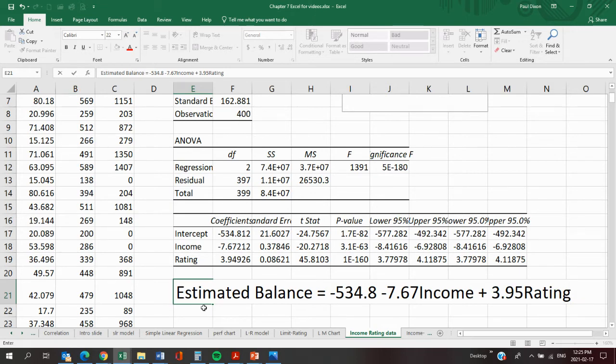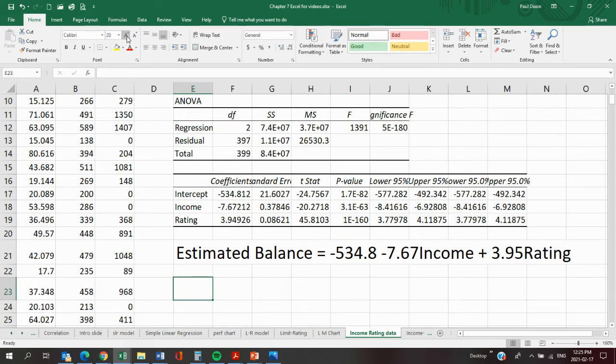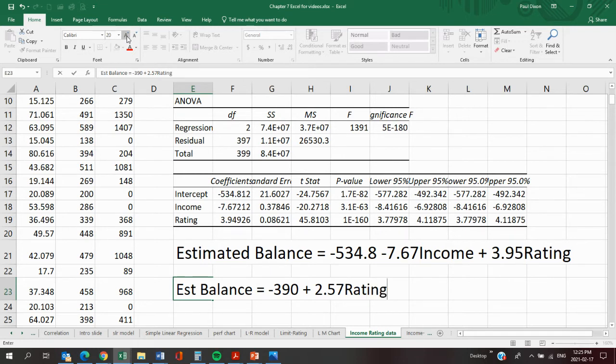And if you remember, the previous model was something to the effect of estimated balance equals minus 390 plus 2.57 times rating. So my intercept has changed a lot.